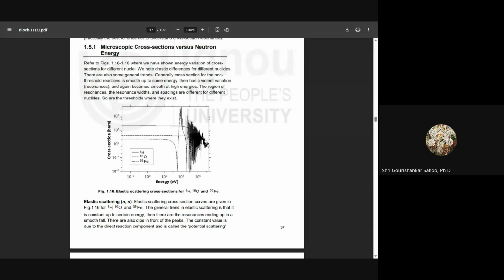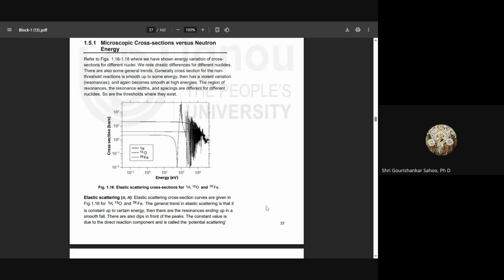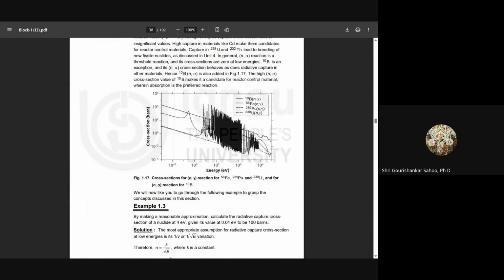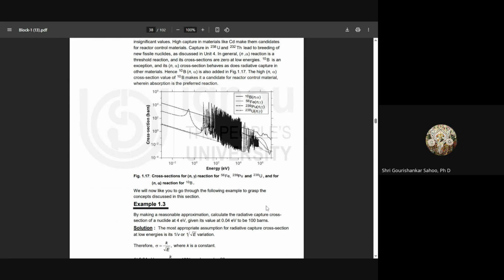The region of resonances, the resonance widths, and spacing are different for different nuclides. So are the thresholds where they exist. Then elastic scattering cross section for hydrogen, oxygen, and iron nuclei. Radiative capture cross section for (n, gamma) reaction for iron, uranium, and boron.